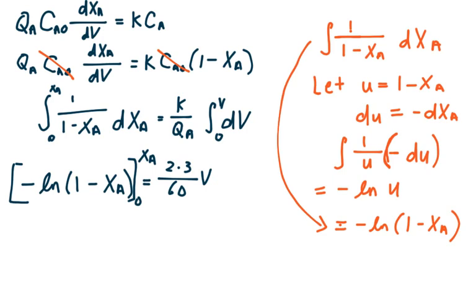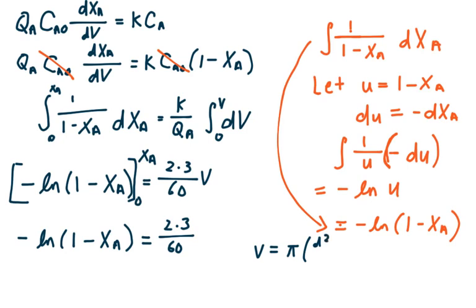And then the values of k and QA are provided as 2.3 and 60 respectively, multiplied by the V. So if you were to rearrange this equation, input your XA into the equation, you will get negative ln(1 minus XA), and then if you input 0 into the equation, you have 1 minus 0, ln 1 will give you 0, is equal to 2.3 over 60 times the volume V, which you can find using pi d squared over 4 and height.